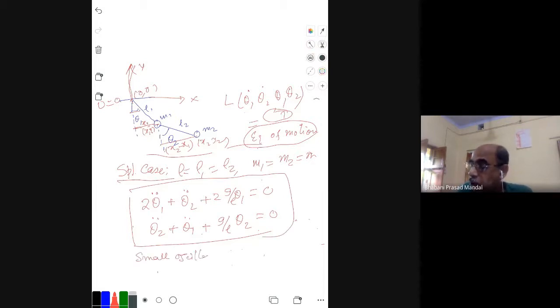Of course, you have to assume the small oscillation approximation. Small oscillation means theta 1 and theta 2 are small.